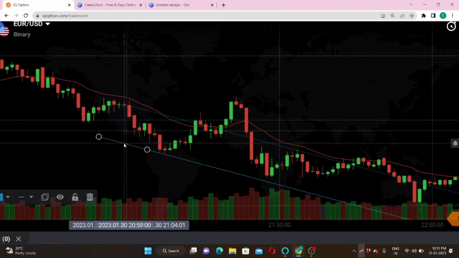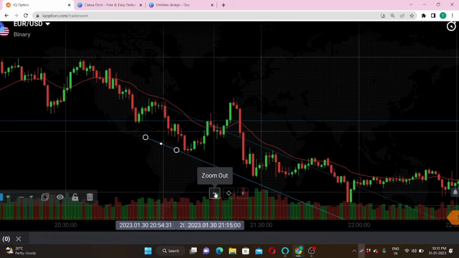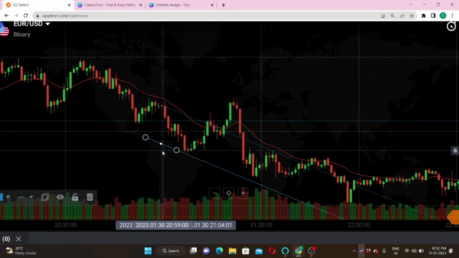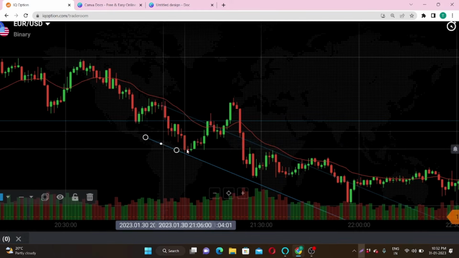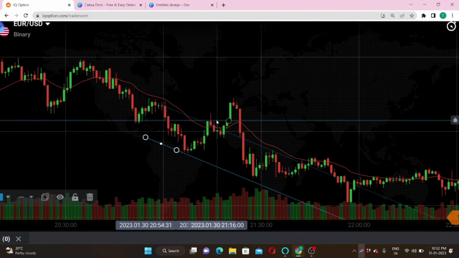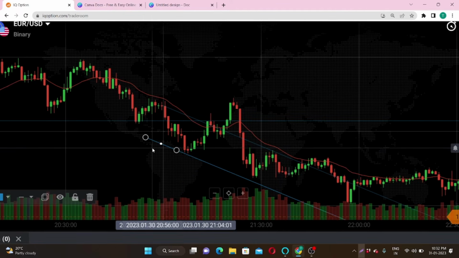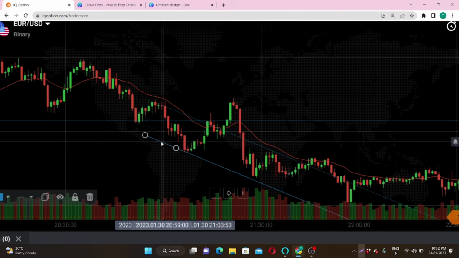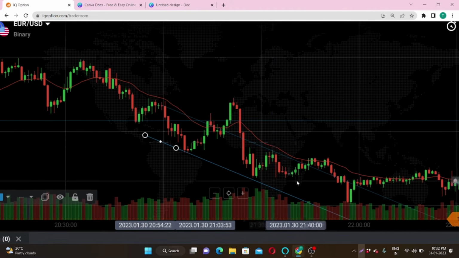Okay, you take a clone, you keep it down. Can you see? Right? You keep the clone at the support level which becomes the resistance level. So here it is, the market still didn't touch, right? If you adjust a little, it may touch now, then you can expect a level over here.